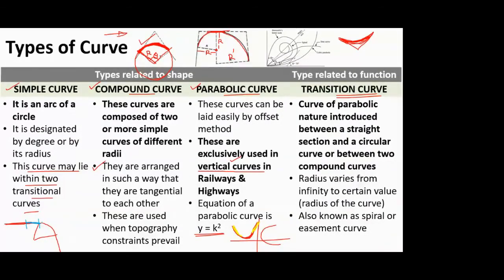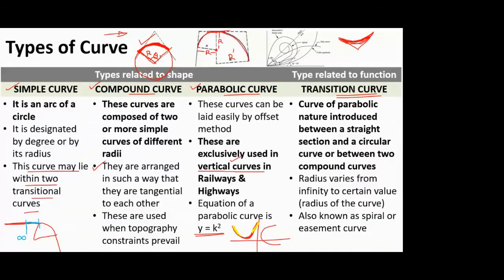Now it may look like a straight line to our eyes if we see it from a distance, or even if we see closely, but it has some radius, and that radius varies gradually. So at this point the radius is infinity, because it is almost at the end of a straight track.